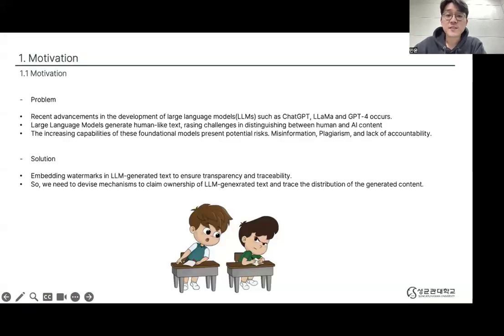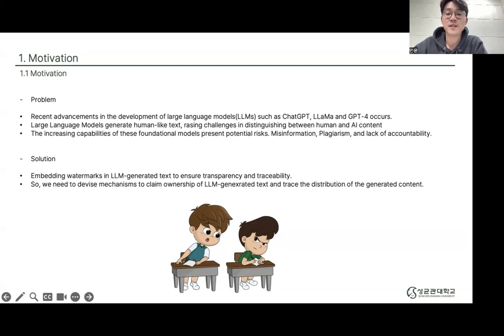In recent years, we have witnessed the unprecedented growth and widespread adoption of large language models such as ChatGPT, Llama, and GPT-4. These models are capable of generating text that closely mimics human writing, making it increasingly difficult to distinguish between human and AI-generated content.